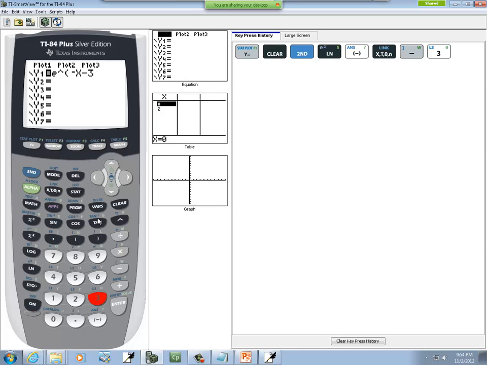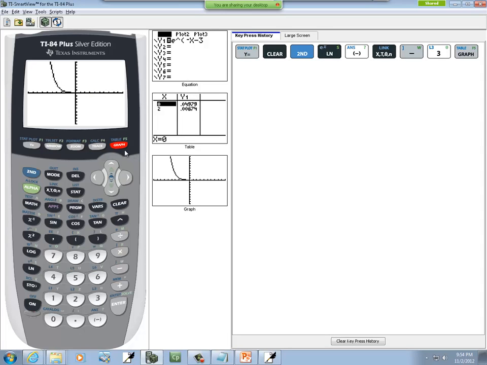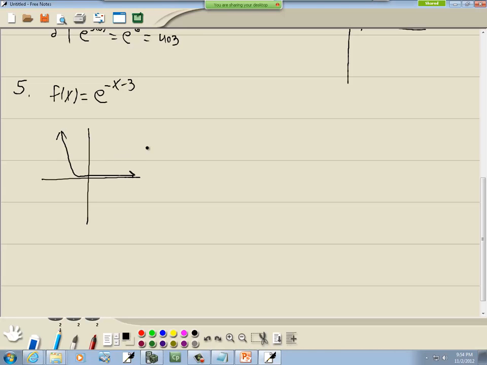You can put a closing parenthesis if you want, but I'm just going to press graph. And that would be our answer there. I didn't draw it real well, but you get the idea. Looks something like that.